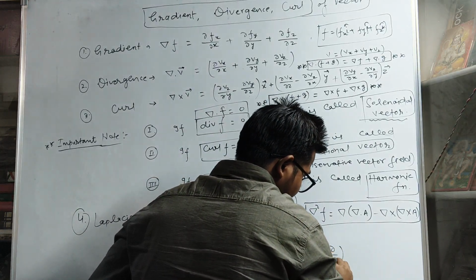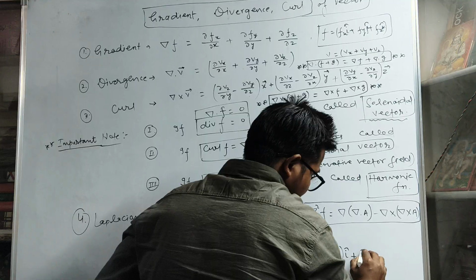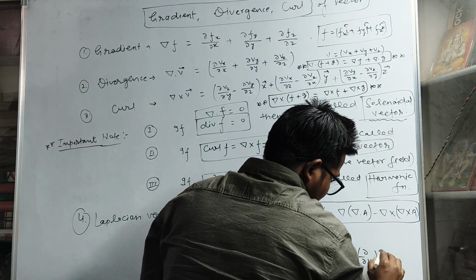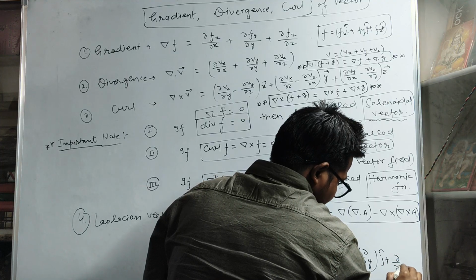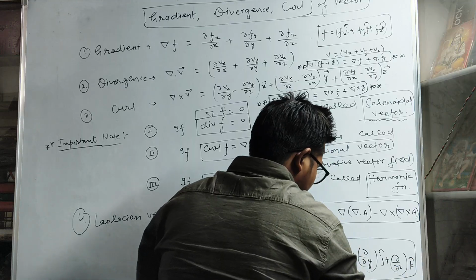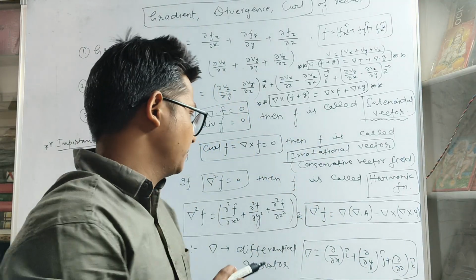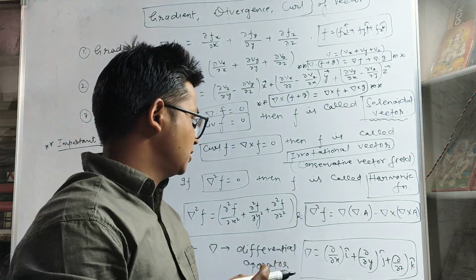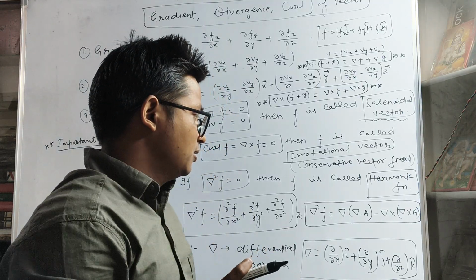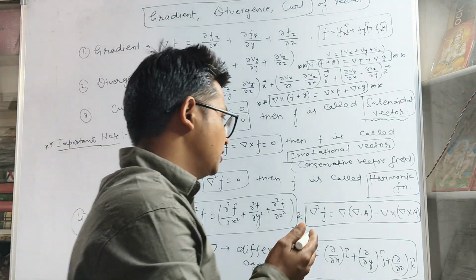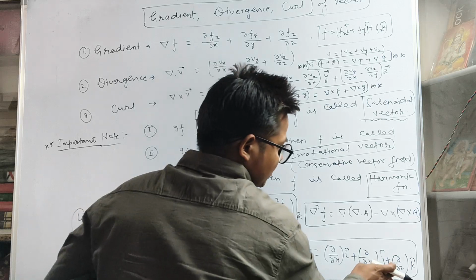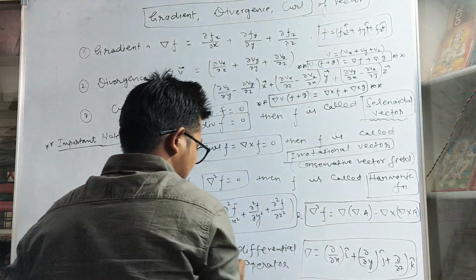Del x i cap, del y j cap plus del z k cap. So in three dimensions, it is basically a three dimensional vector. So del is a differential operator which is equal to del x i cap, del y j cap and del z k cap, and del x, del y and del z are basically partial derivatives.